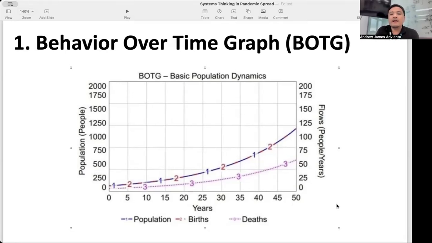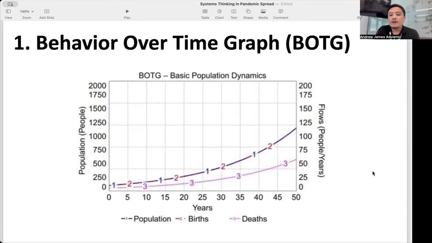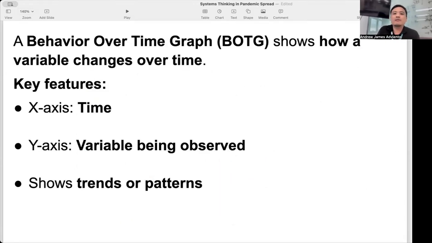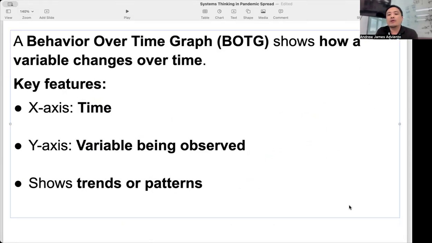Okay, so let's define then the BOT. So BOT shows us how a variable changes over time. So key features: the x-axis is the time, the y-axis is the variable being observed, and it shows us trends or patterns.